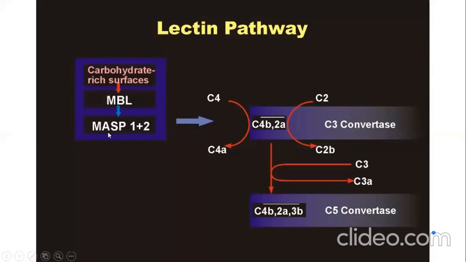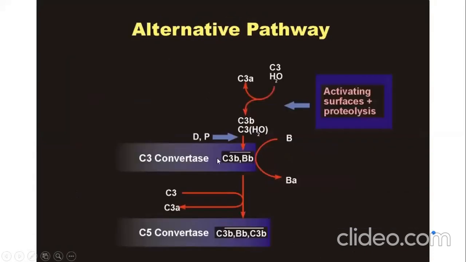It associates with specific proteins called MASP1 and 2, which help cleave; the first reaction of the complement here is C4, not C1. C4 comes and cleaves, and from C4 to C5 convertase it is the same as the classical pathway. C3 convertase has the same designation, the same notation. C5 convertase, same notation. Again, it further goes into the classical lytic pathway. The MAC complex forms.